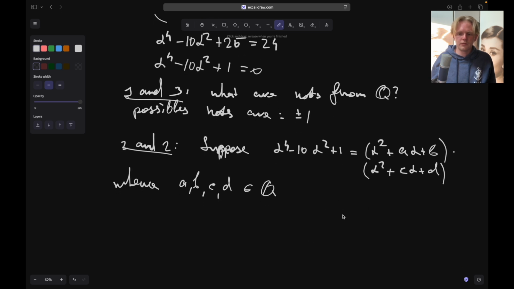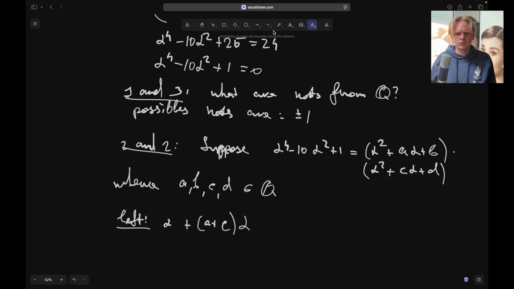Then if we open parentheses, the left hand side gives us x to the power 4, plus (a plus c) x cubed. Oops, we should have power 4, here power 3.